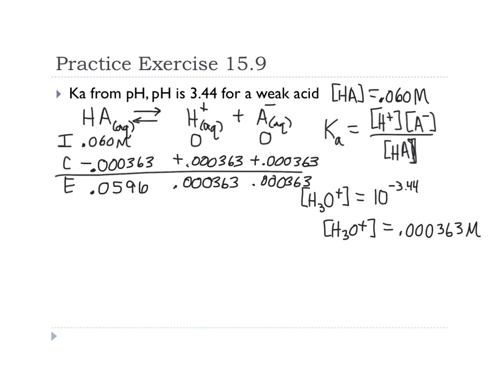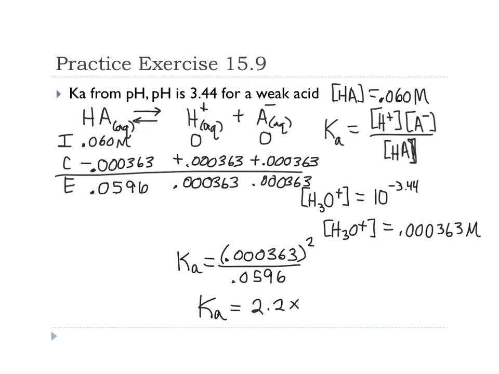Now we have some information that will allow us to calculate the Ka, because I used the pH, my ICE table, and my coefficient relationships to figure out the equilibrium concentrations of all the species present. So Ka is 0.000363 squared divided by 0.0596. So the value of the equilibrium constant for this acid will be 2.2 times 10 to the negative 6th.